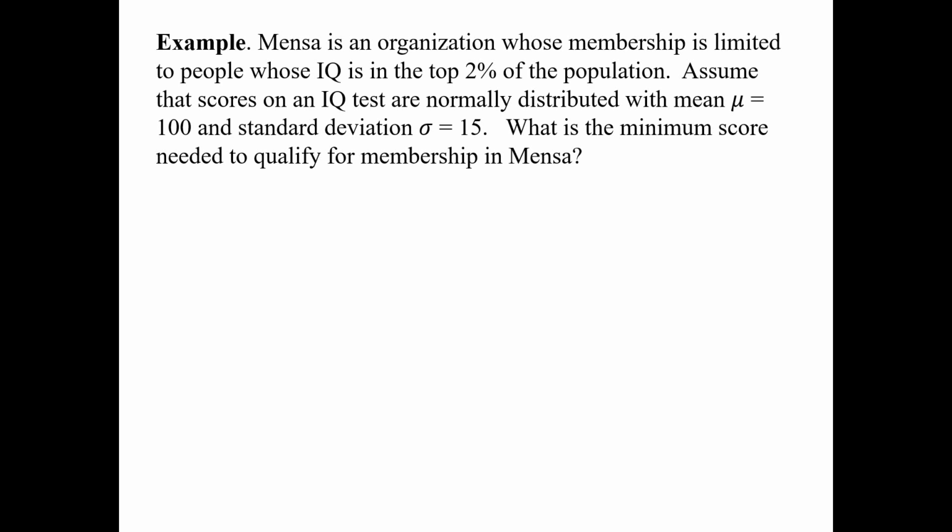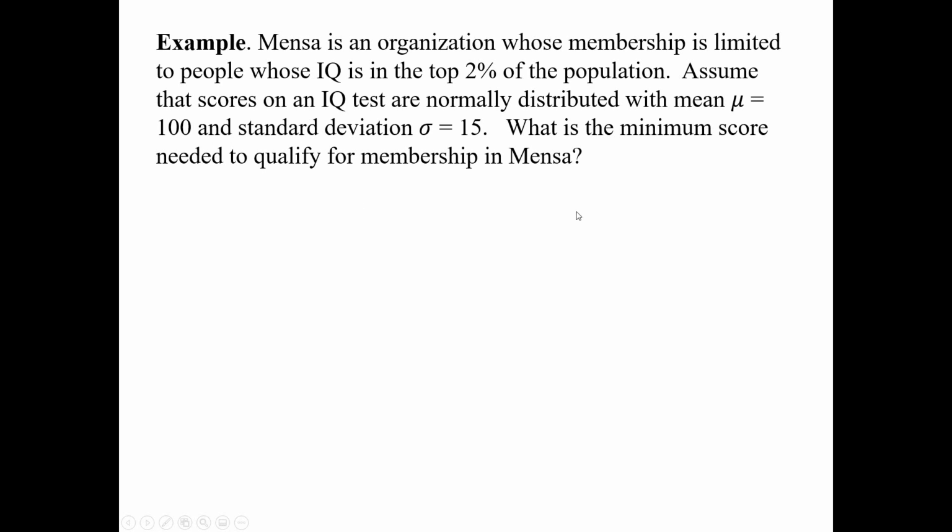Alright, so Mensa is an organization whose membership is limited to people whose IQ is in the top 2% of the population. That is definitely not me. Assume that the scores on the IQ test are normally distributed with mean mu of 100 and a standard deviation of sigma equaling 15.